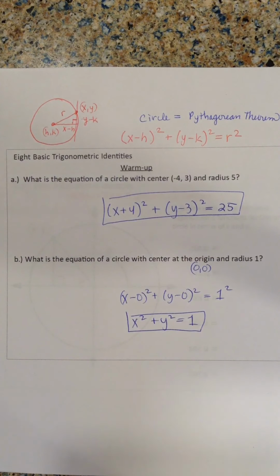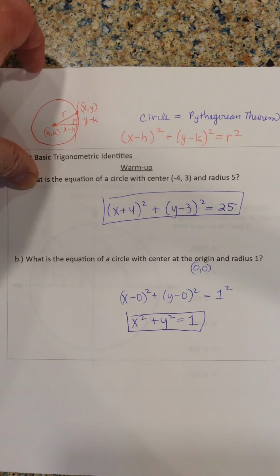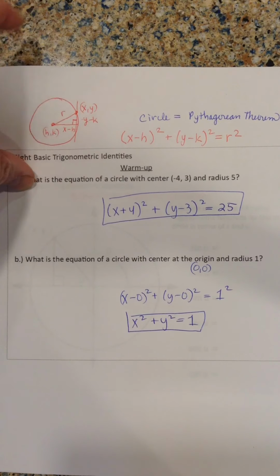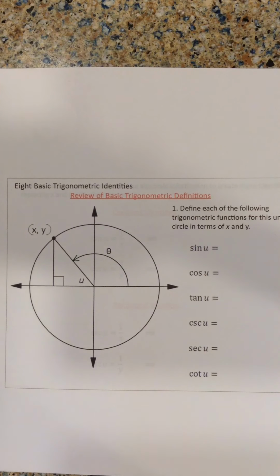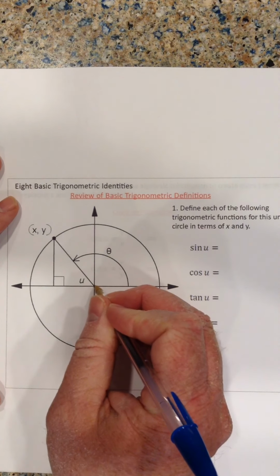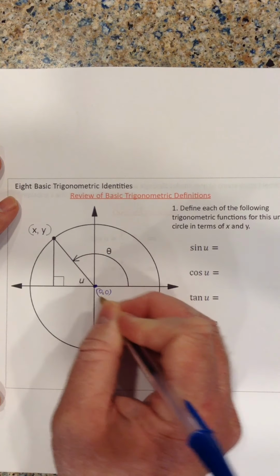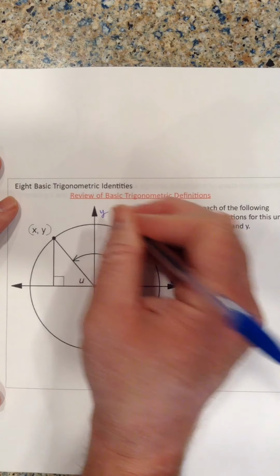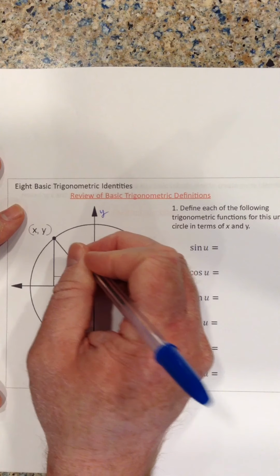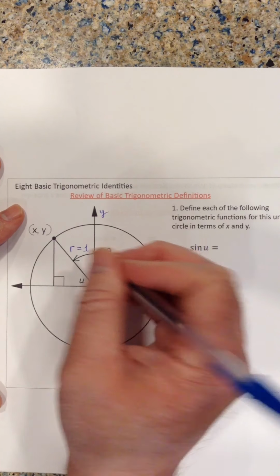And now that we've got that down, we'll delve a little bit into the identities. Okay, the 8 basic trig identities. We have a circle here centered at the origin. I'll label this x and this y. It has a radius r, but I'm going to say my radius is 1.